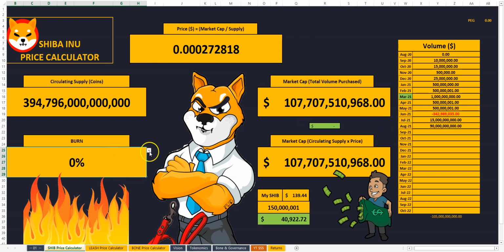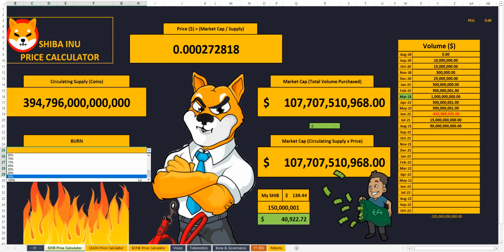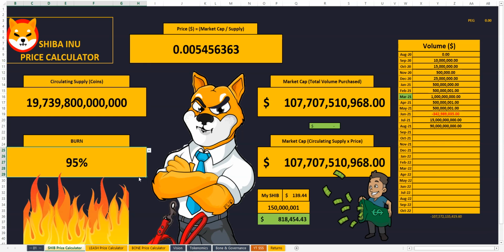And let's just say the Shiba Inu community decides to try, and we're going to burn 95% of the coins at a market cap of about, is that 10^7? There's too many zeros, I keep forgetting. I think that's 10 billion. We had 0.05. By then I will be close to a millionaire.